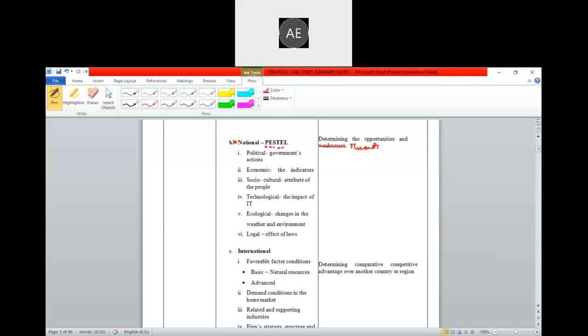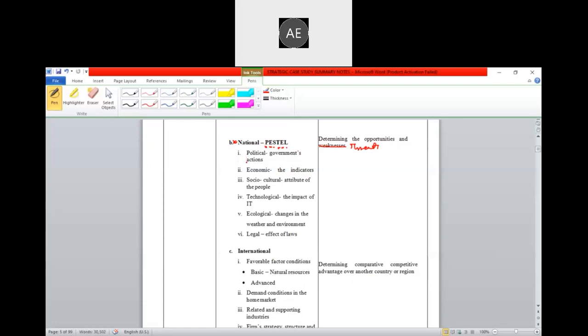The next E here is the ecological environment, and then the legal environment, and they will result in the ecological and legal factors respectively.